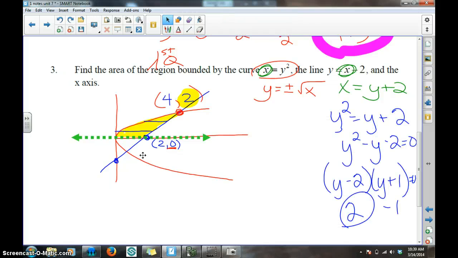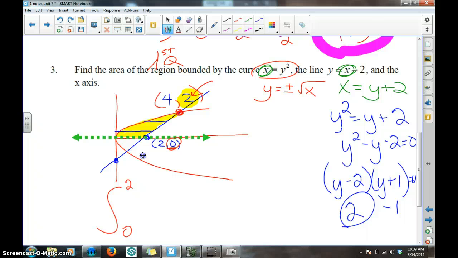Now I think we're ready to put together our integral. And again, when I'm doing these horizontal stripes, my integral is going to go from bottom, that's this value, to top, that's this value. And then my functions are going to be the function that's farther to the right, the function that is more in the positive territory, the function where I'm going to find the bigger numbers visually.